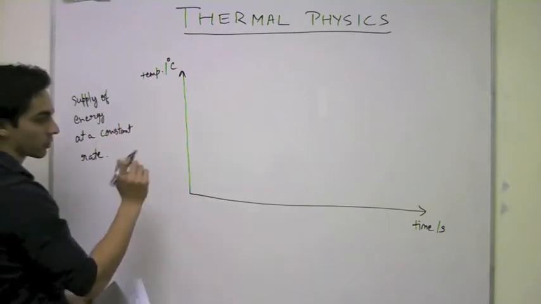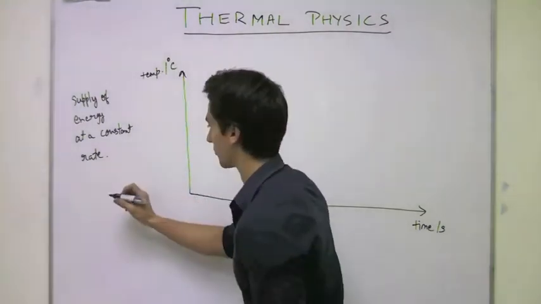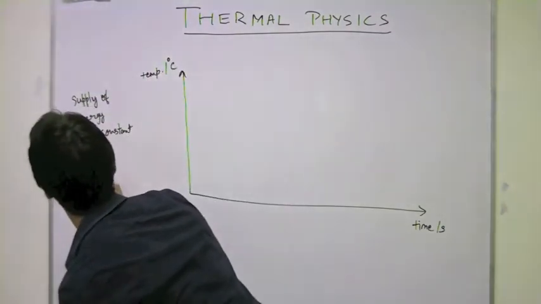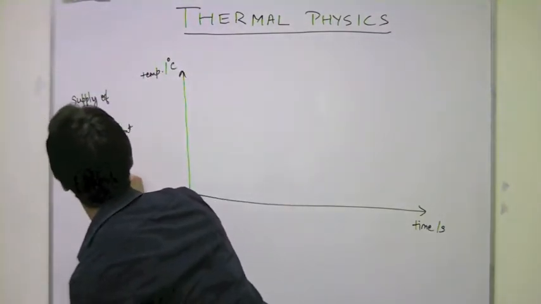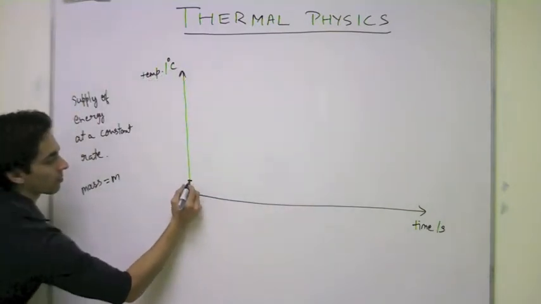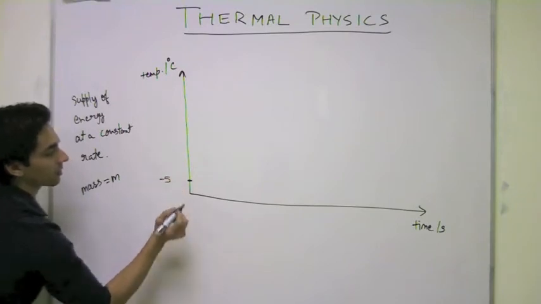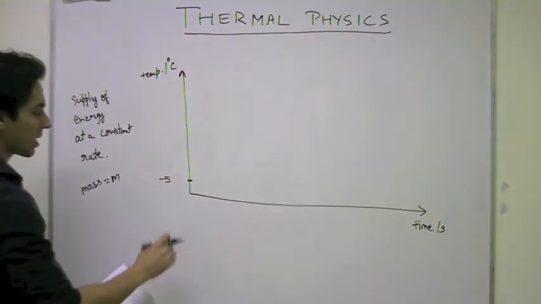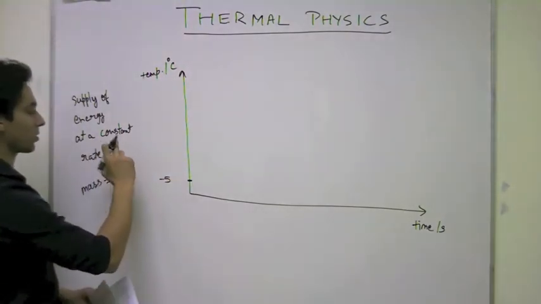I have a block of ice of mass m, and I start off at -5 degrees Celsius, alright? So at -5 degrees Celsius, I'm supplying energy at a constant rate.